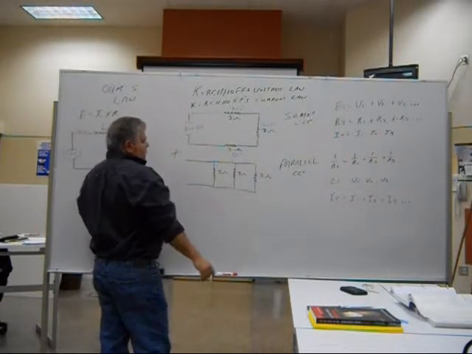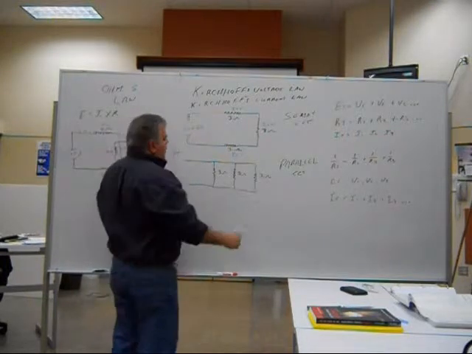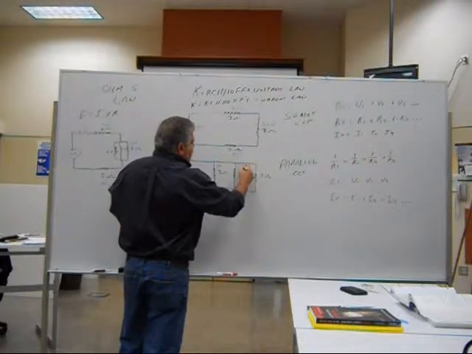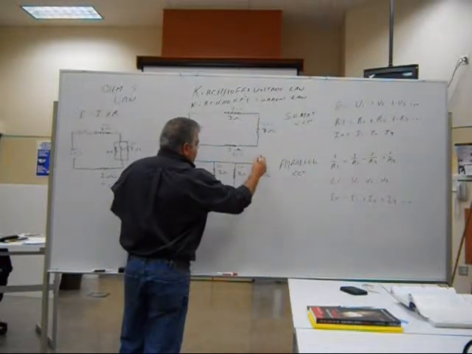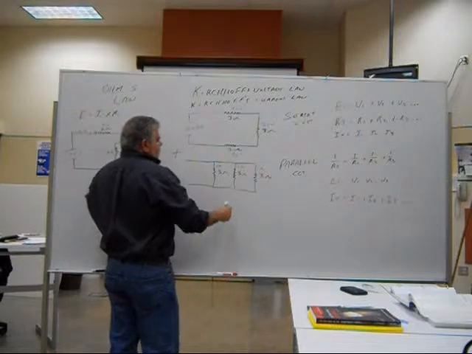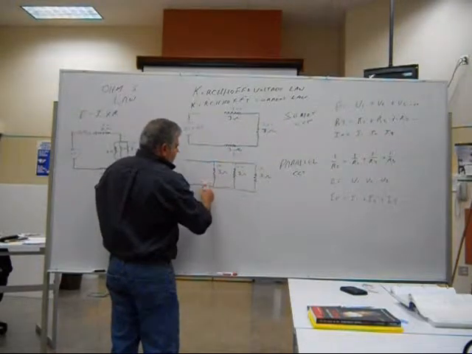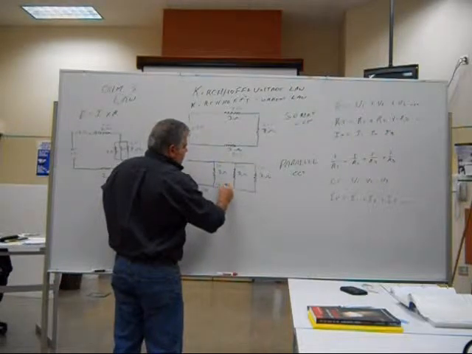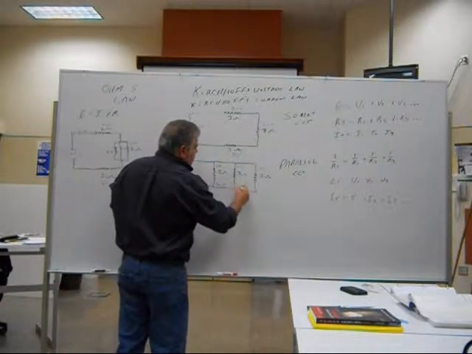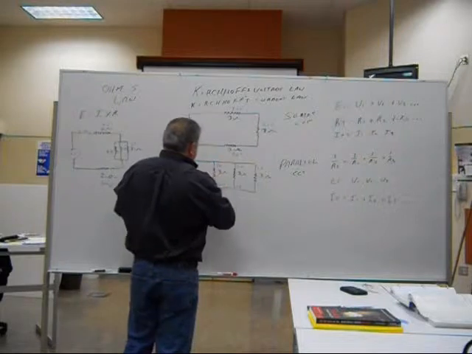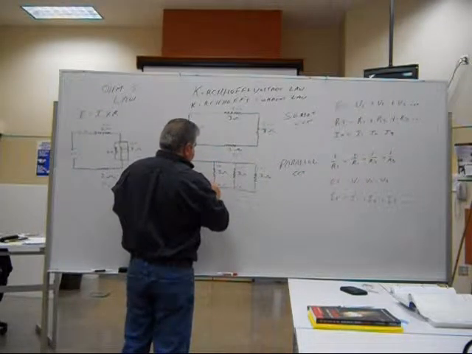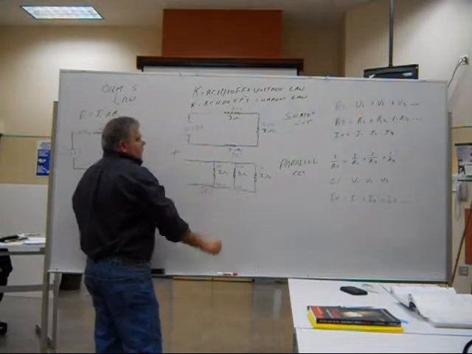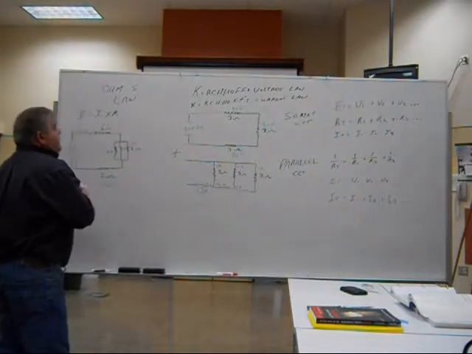As far as Kirchhoff's current law, if we had 1 amp flowing in here, 1 amp here, and 1 amp here, we would have a total of 3 amps flowing, because this is 1 plus 1 plus 1.